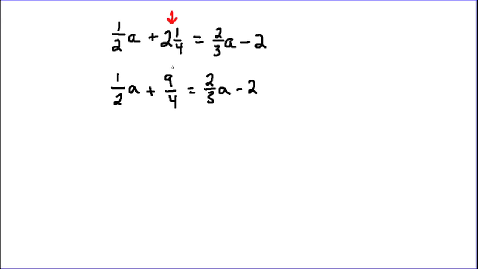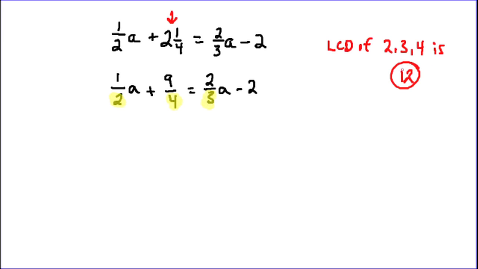Now, to get rid of the fractions, I'm going to do a giant distribution step where I multiply both sides of my equation by the lowest common denominator of my fractions. Here I have a 2, here I have a 4, and here I have a 3. The LCD of 2, 3, and 4 is 12.